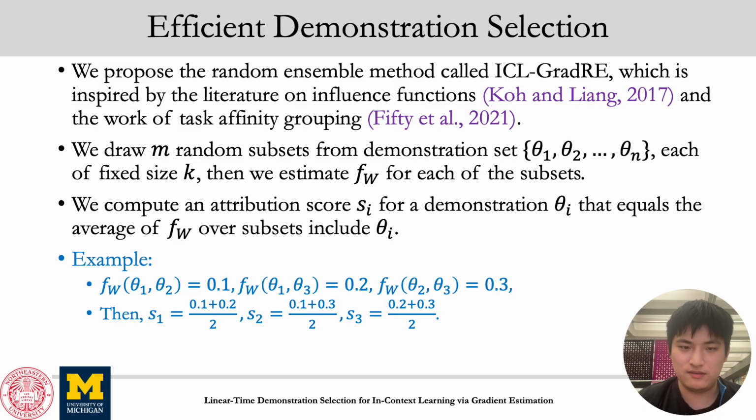Then we compute an attribution score for a demonstration theta i that equals the average of f(S) over the subsets that include theta i. Here is a small example: we compute the output given theta 1 and theta 2, theta 1 and theta 3, and theta 2 and theta 3. Then we compute the attribution score using this.